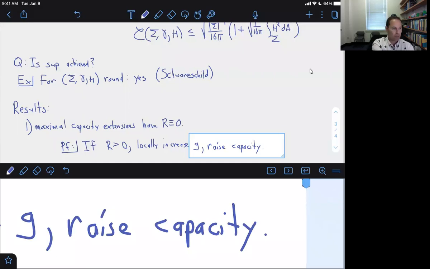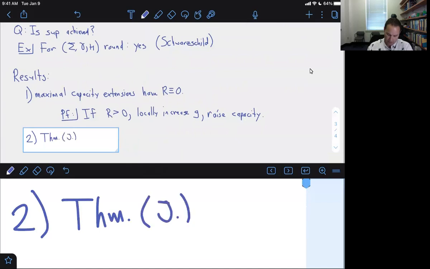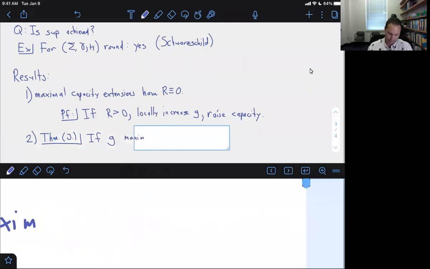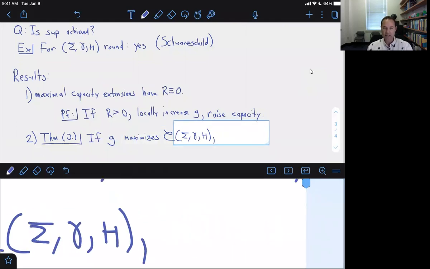Okay, what else? You can say more than that, just like you can for the Bartnik mass. There's a variational description of these maximal capacity extensions. So this theorem here is that if you have a maximal extension, if g maximizes this functional here for given Bartnik data, then there's something, it's not the static vacuum equations, but it's something similar.